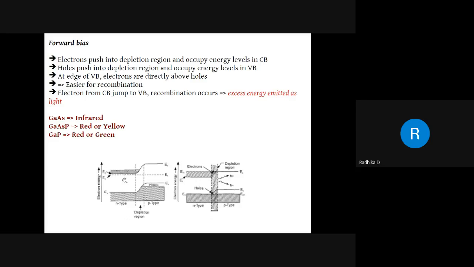You had more free electrons here in N-type. N-type means more electrons, right? Those free electrons will come to the edge of the conduction band in the depletion region. The depletion region also has a conduction band and valence band. So free electrons reach the conduction band and holes reach the valence band.